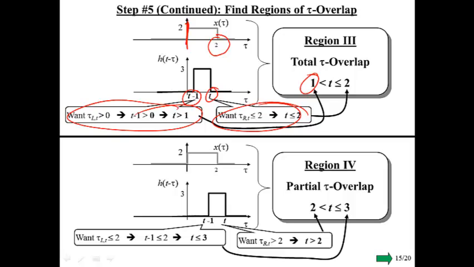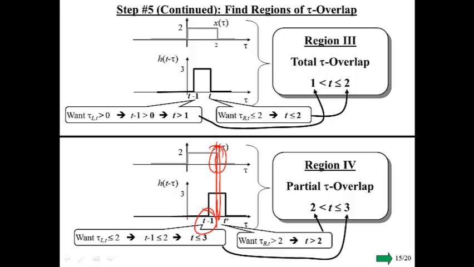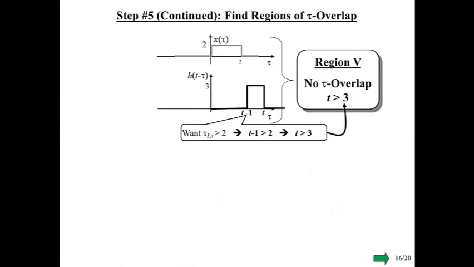Region 4, for this example, is partial tau overlap on the way out. So I want this edge to be in the middle here. So I want t minus 1 less than 2. I want t to be bigger than 2, and that leads to this interval. And again, notice that when I finish region 3, I'm starting region 4. And then finally, for this example, region 5, no tau overlap on the way out, going out of the pulse.